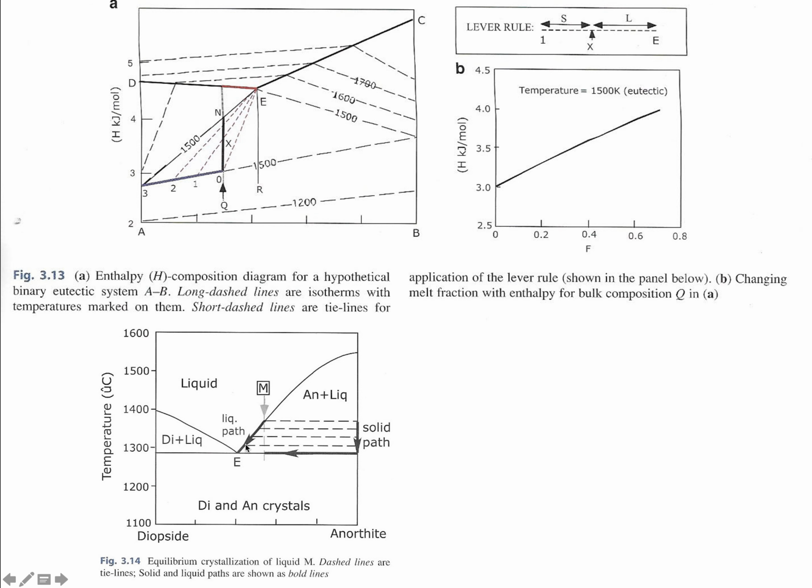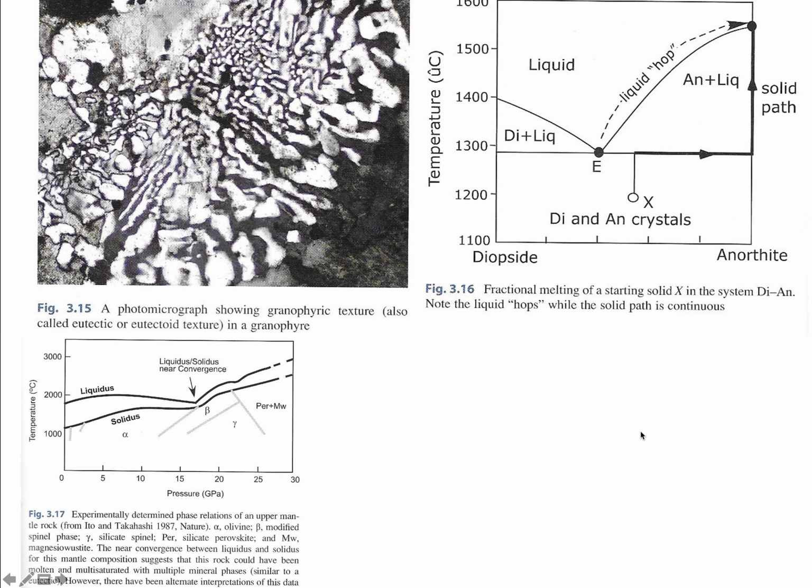That means our melt fraction becomes higher and higher if you go to that side. And the ratio will always change between 1 and 0 at the eutectic point, because while we are cooling down we continue with the formation of more and more crystals.